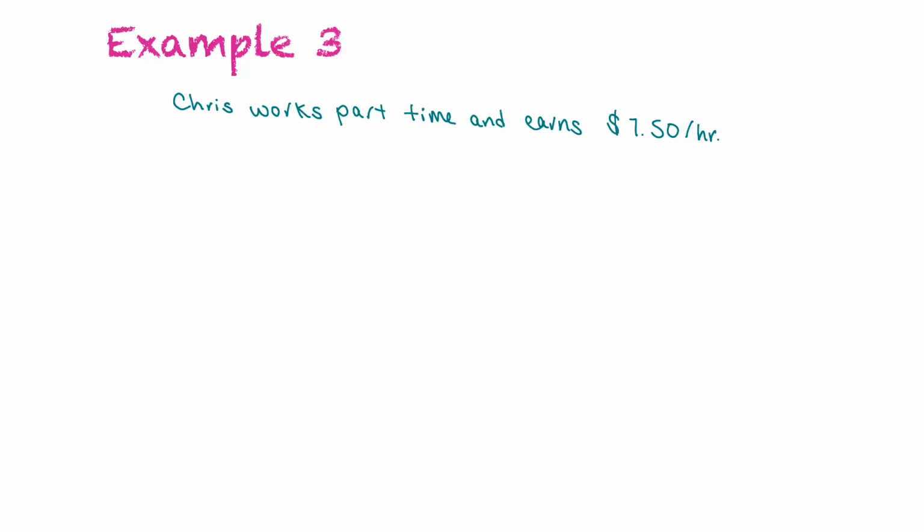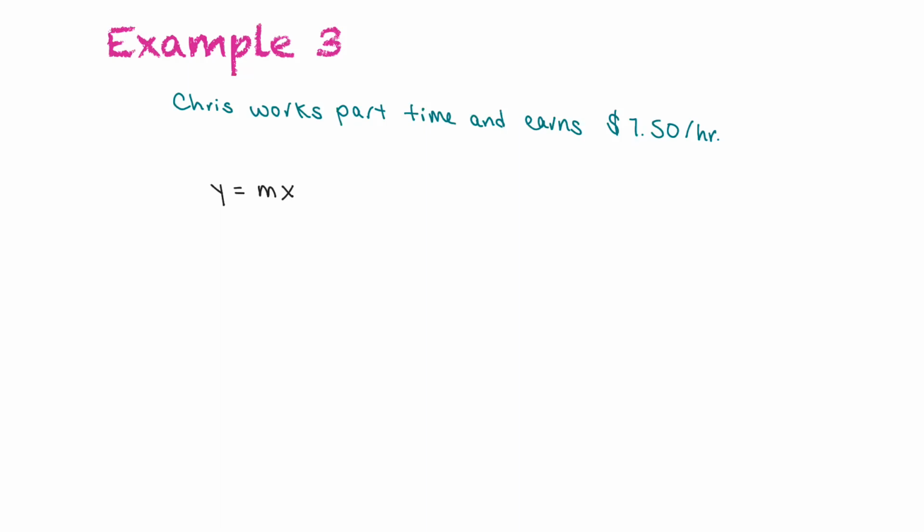So in our next example, we're being told that Chris works part-time and he earns $7.50 an hour. So we're first being asked to describe the relationship between his pay and the hours he works. So we can say that his pay varies directly with the hours. For every hour, he earns $7.50. So if we were to write that into an equation, we would say, remember, we have to put it into the y equals mx format.